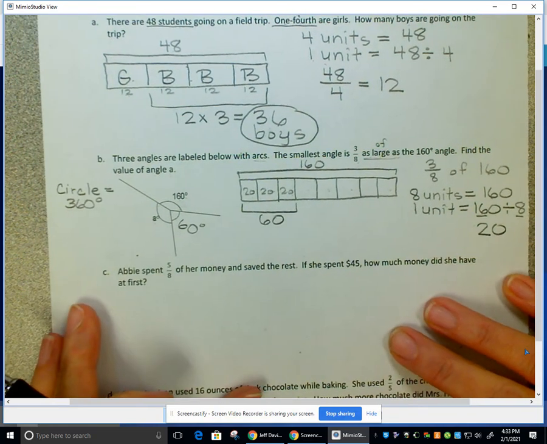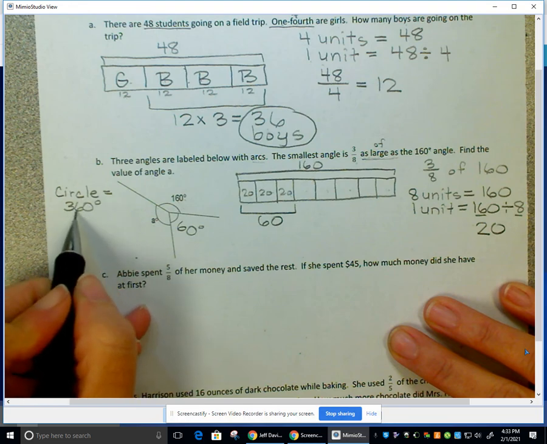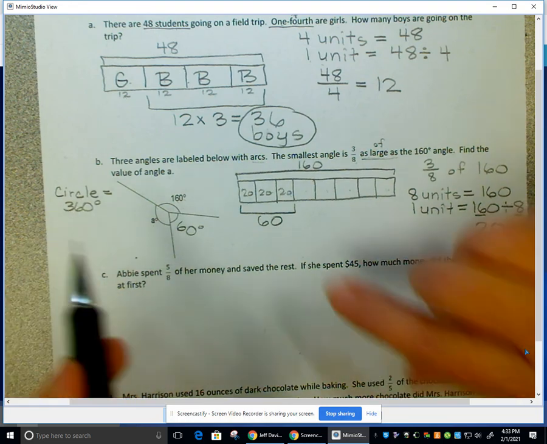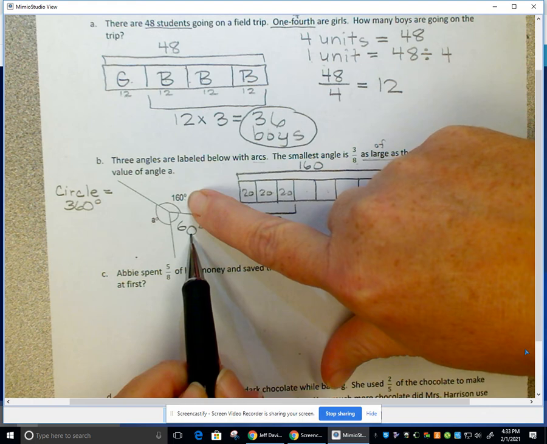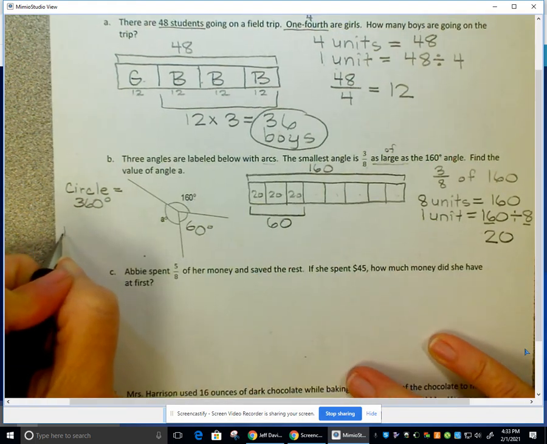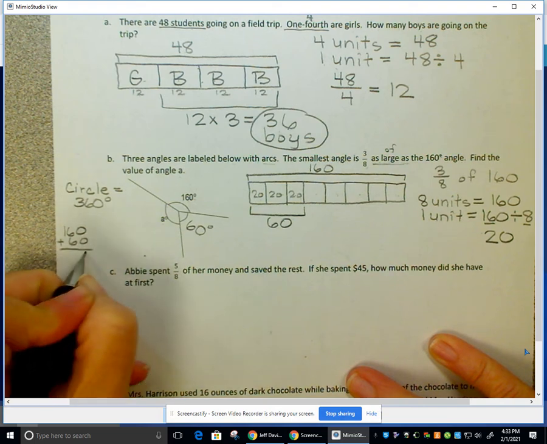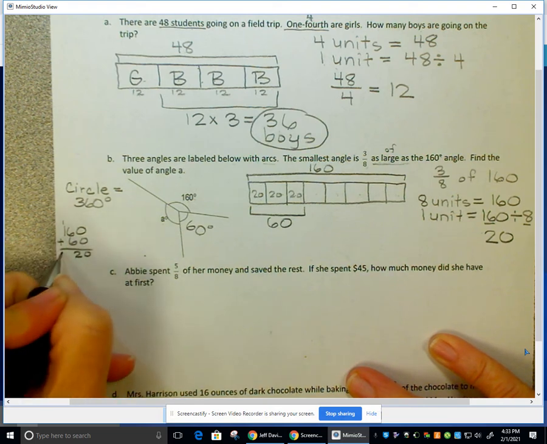Now remember I told you a circle altogether is 360 degrees. Let's add what we have and subtract it from 360. So I've got 160 plus 60. That's 220.